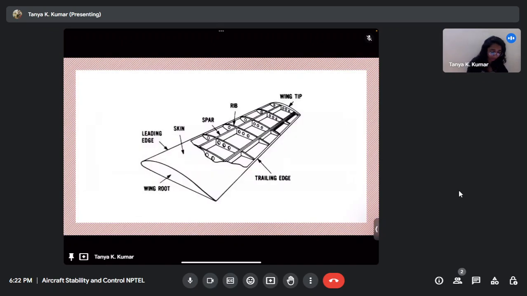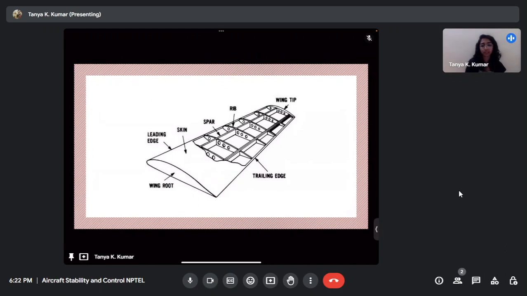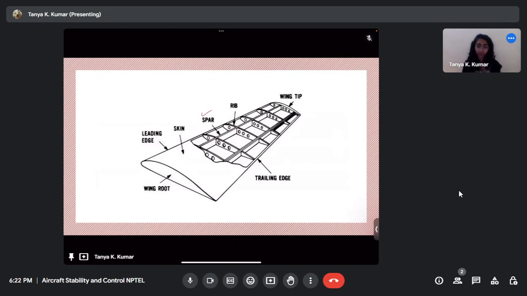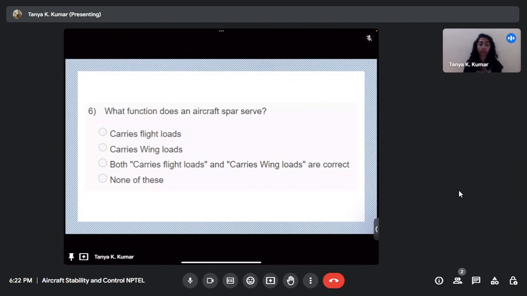Let's look at the diagram of the wing. So you can see several components here. So the spar is the structure that goes along the length of the wing, right? Along the span of the wing. So this is your spar, correct? So now can you tell me what is the function of the spar?